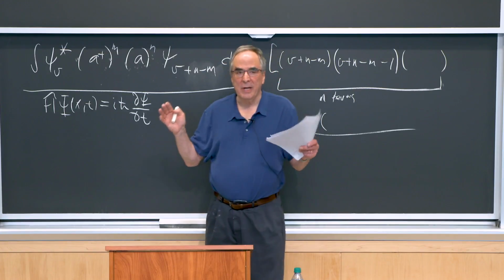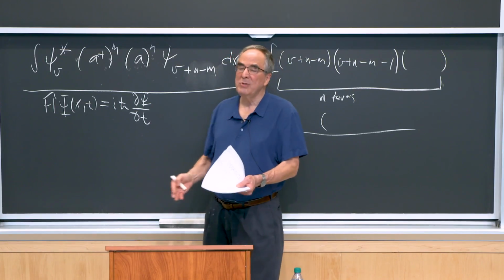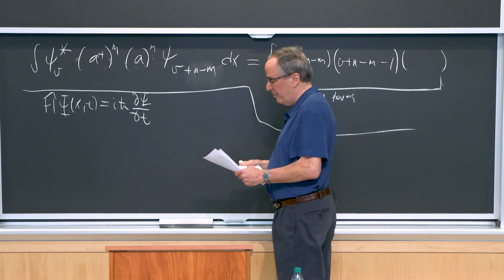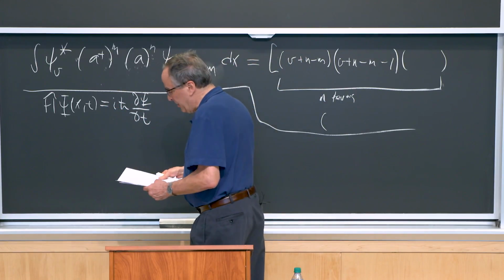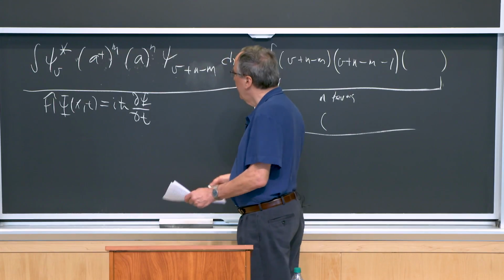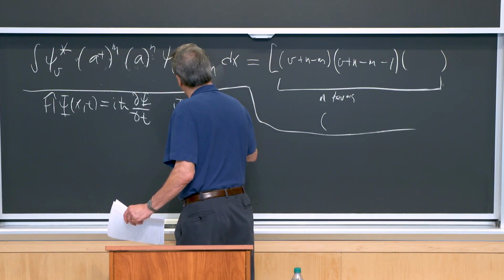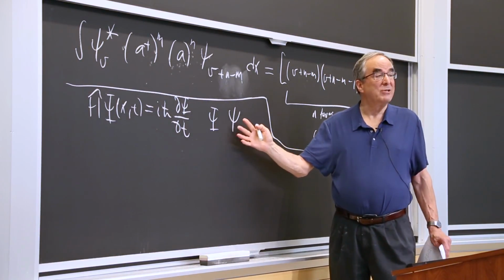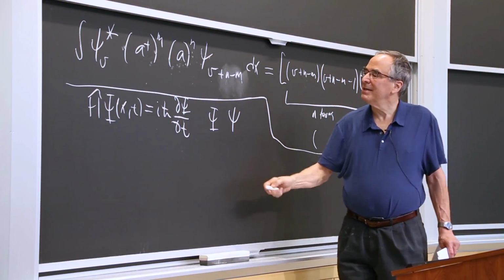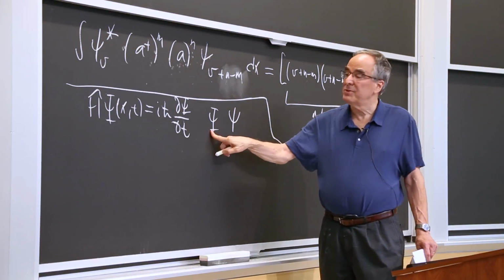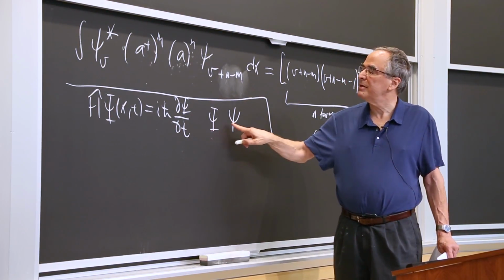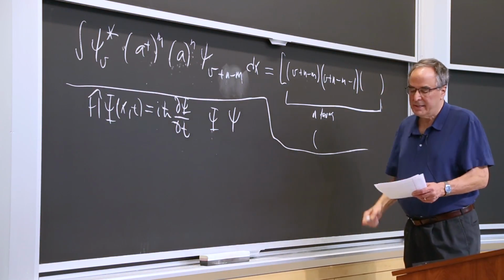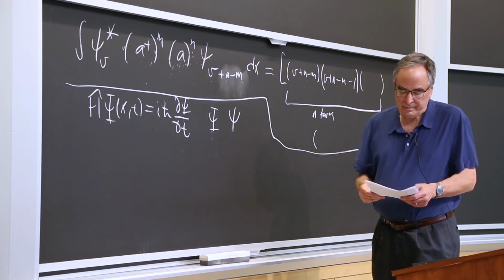When we don't care about time, we can use the time-independent Schrödinger equation. But when we do care about time, we have to be a little bit careful. So this is the real Schrödinger equation. And notice that I'm using a capital psi rather than a lowercase or less decorated psi. This is usually used to indicate the time-dependent Schrödinger equation. It's a time-dependent wave function. This is used to indicate the time-independent equation.